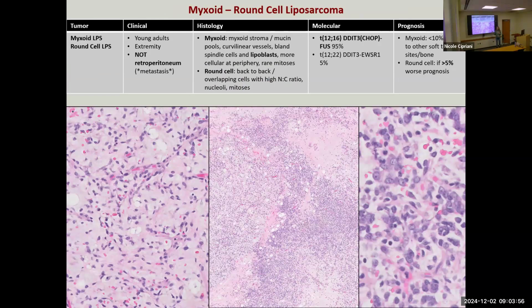I have to say this multiple times because it's a pitfall. If it's truly myxoid round cell with that rearrangement, any round cell component greater than 5% is thought to be bad.